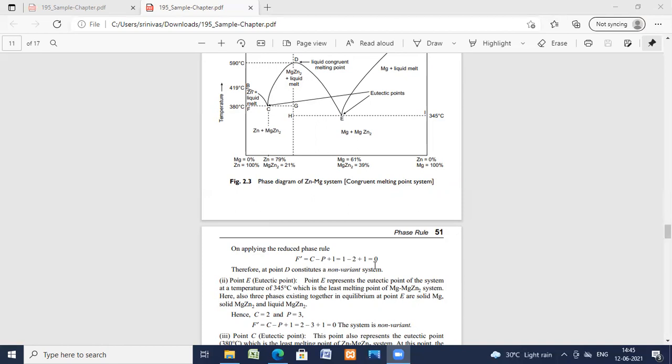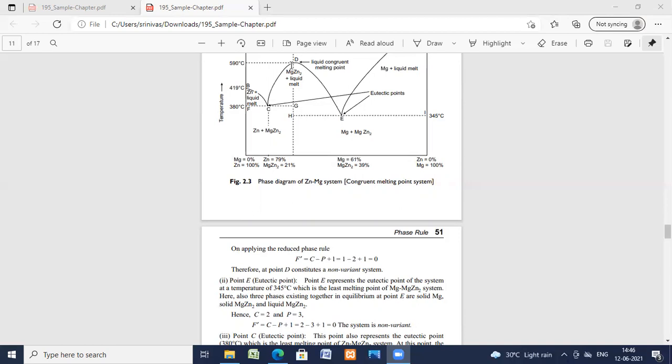Why at point D is it a non-variant system? At point D, it is the congruent melting point. At point D, the composition of solid MgZn2 is equal to the composition of the solution.